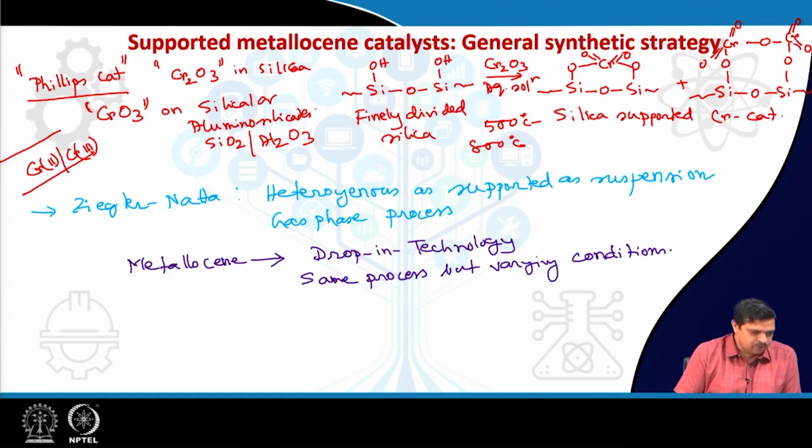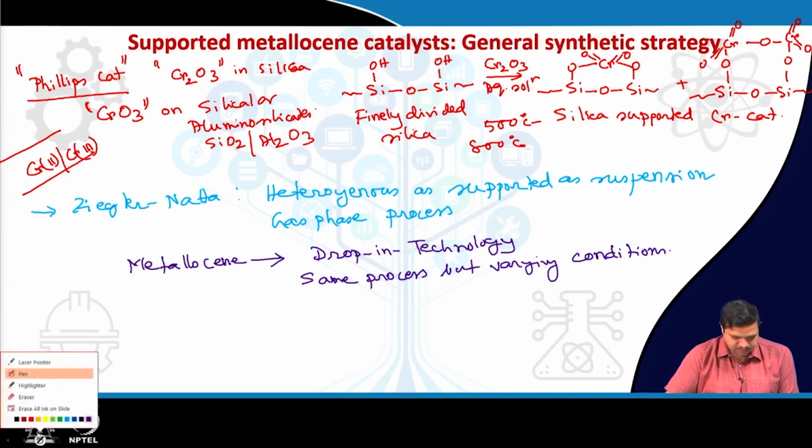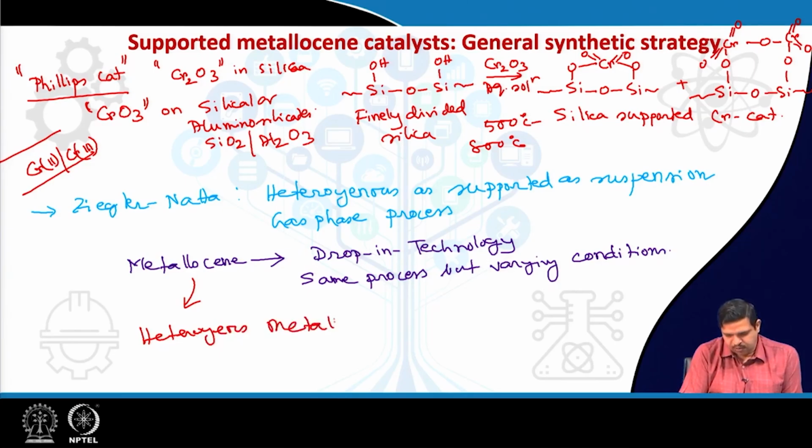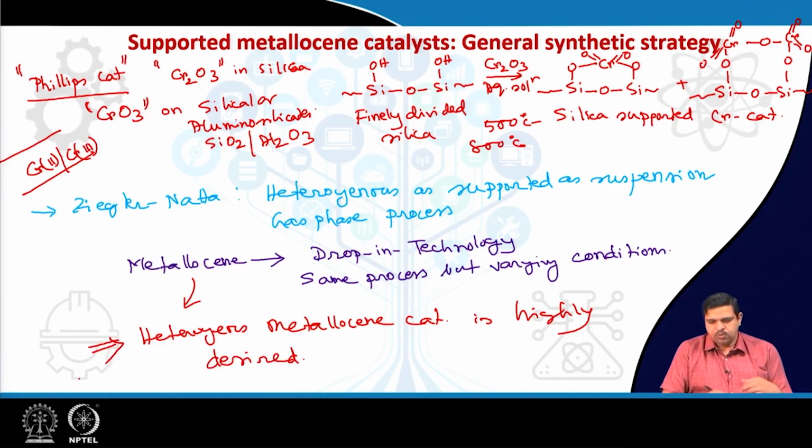For that, a heterogeneous metallocene catalyst is highly desired to make it an industrial process, because we just follow the same process as the successful Ziegler-Natta catalyst in industry.